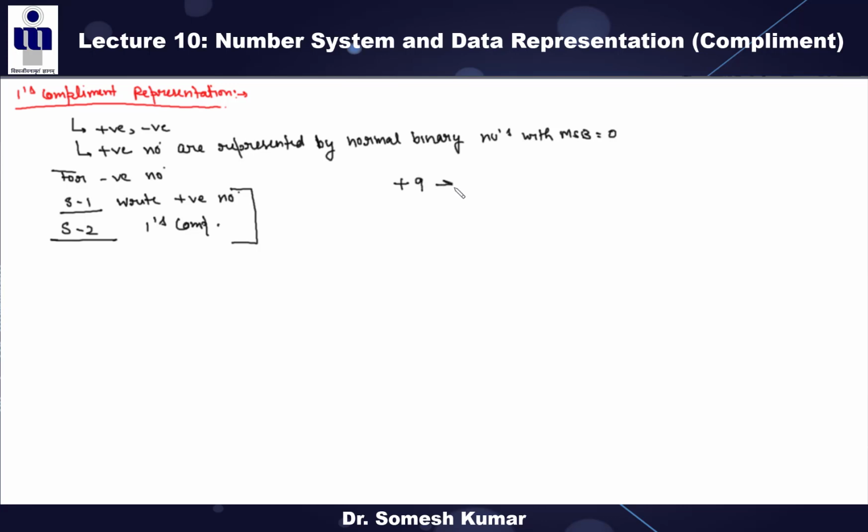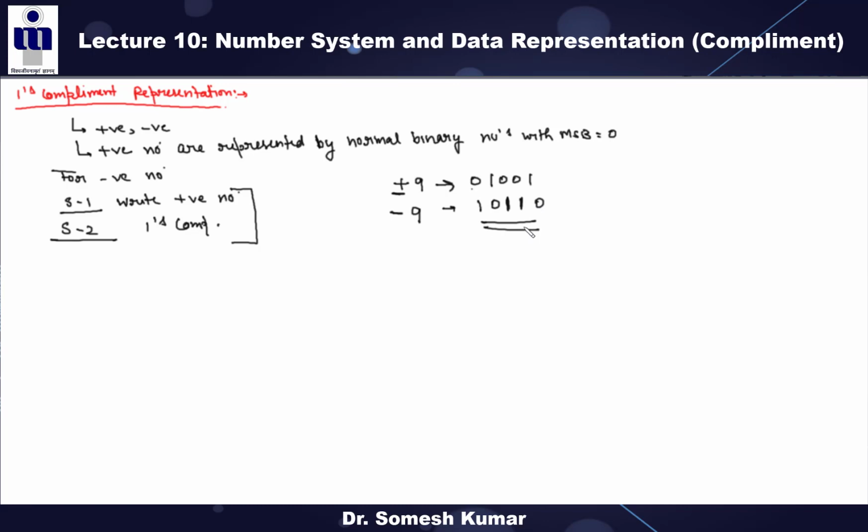How to represent +9 in the 1s complement representation? I already told you, positive numbers are represented by normal binary numbers. Because here it is plus, you take the MSB 0: 0, 1, 0, 0, 1. It is +9, right? And what is -9? First write +9, then take the 1s complement of this. This is -9, right?